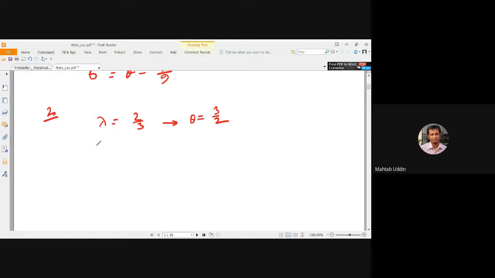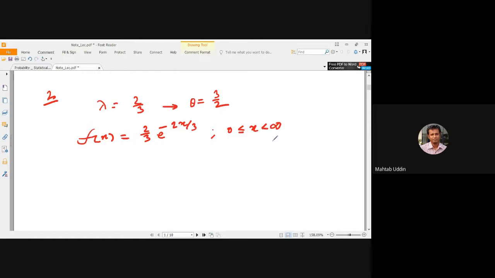That is, f(x) is 2 by 3 e to the power minus 2x by 3, for 0 less than or equal to x less than infinity. Then we have to find the CDF. CDF is 1 minus e to the power minus 2x by 3.